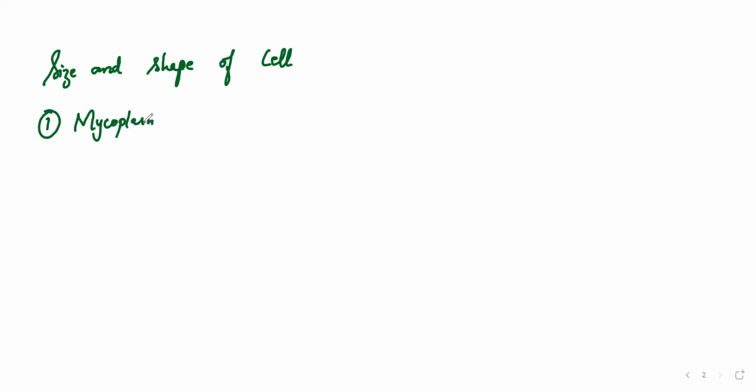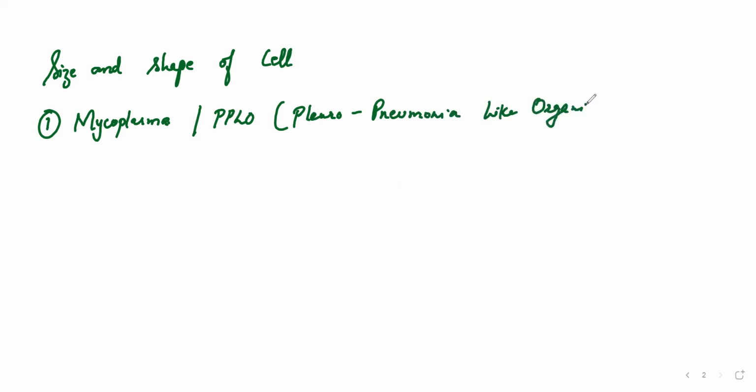So the first one is the mycoplasma or PPLO. PPLO means pleuropneumonia like organism. This is the smallest cell.